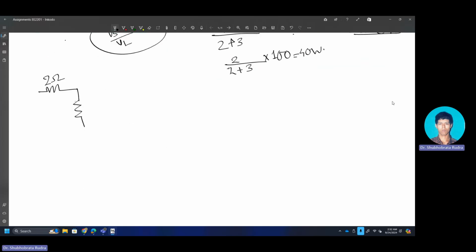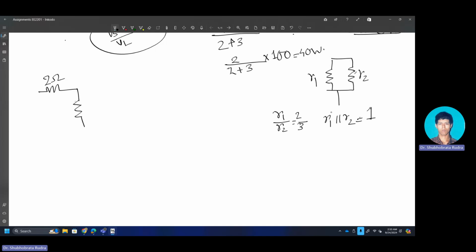Let us think about a combination of two parallel resistances that gives me 1 ohm, R1 and R2. But another interesting piece of information we should not forget is that R1 by R2 must be 2 by 3.